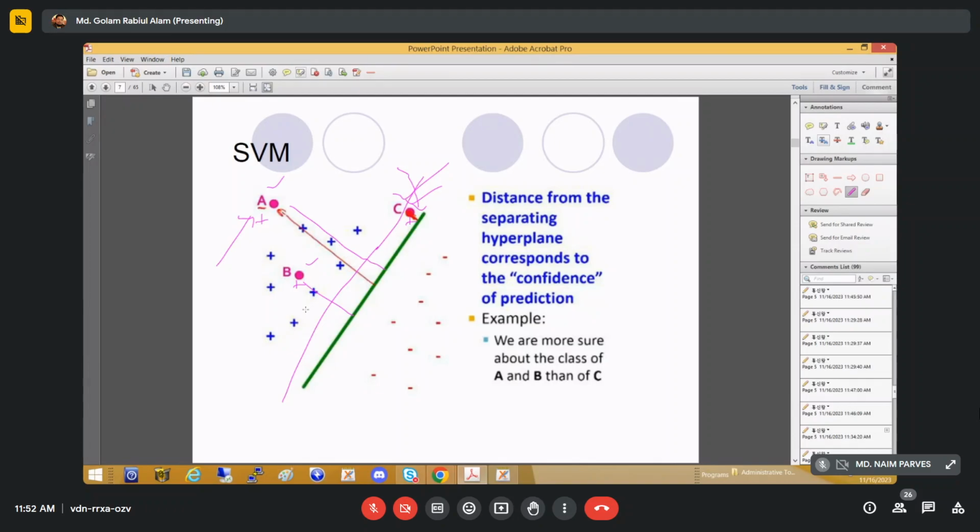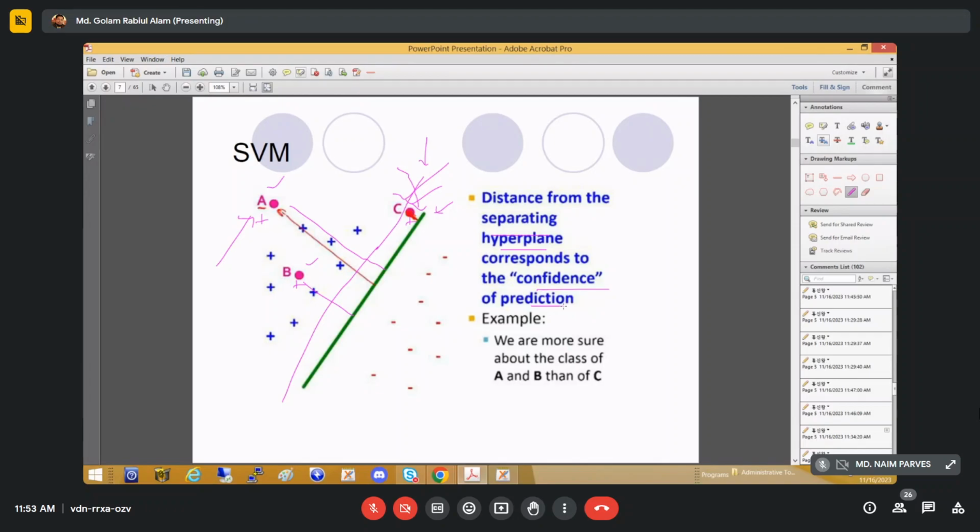But how about C? We are less confident here, because it is very close to our line. Maybe if the line is shifted a little, like this way, then in that case we have to say C is negative. So the distance from the separating hyperplane corresponds to the confidence of the prediction.